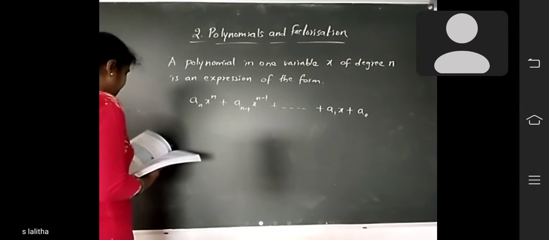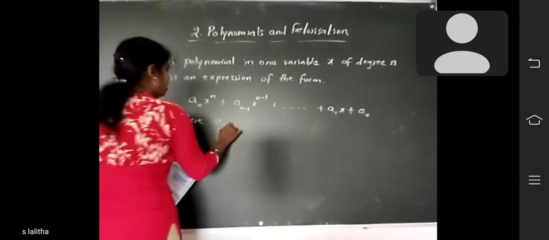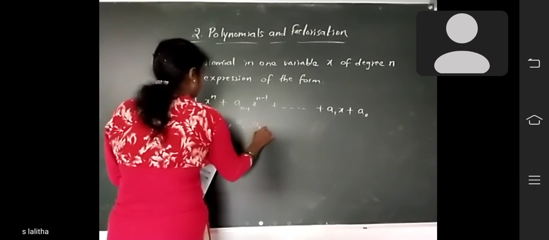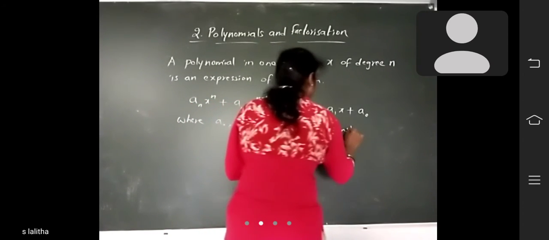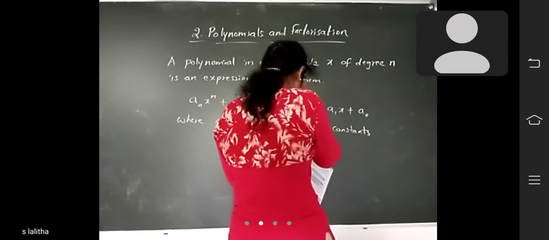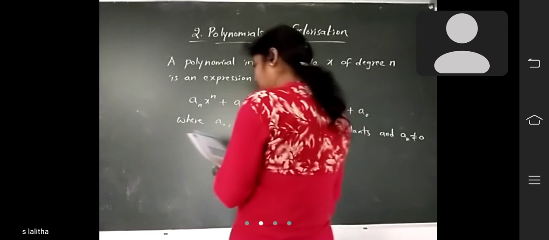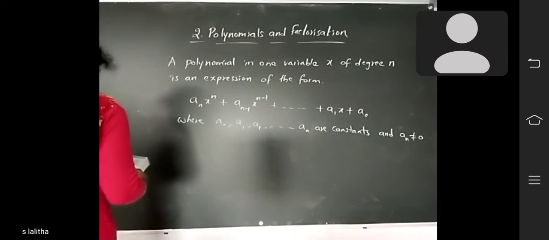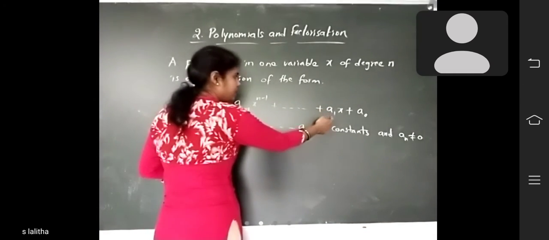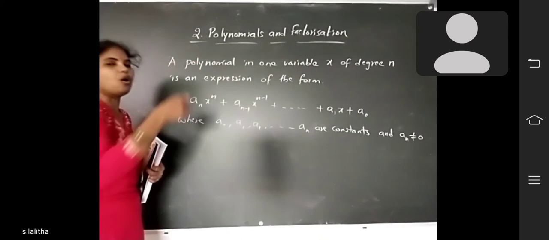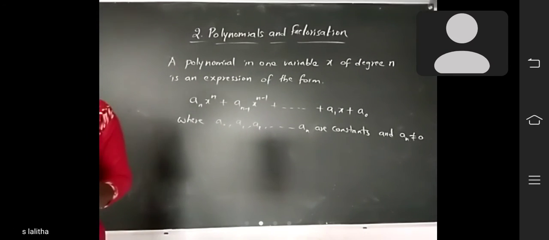So here a0, a1, a2, so on, an are constants and an is not equal to 0. Here a n minus 1, a n minus 2, so on, a1, a0, these are all constants. And x is the variable. Okay, children?